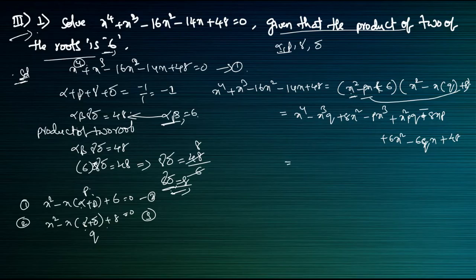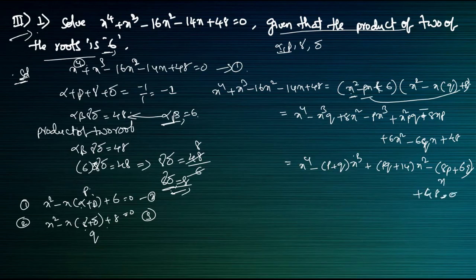So totally it will come like this: x power 4 minus (p plus q) x cube, plus (pq plus 14) x square, minus (8p plus 6q) x, plus 48, is equal to the given polynomial.